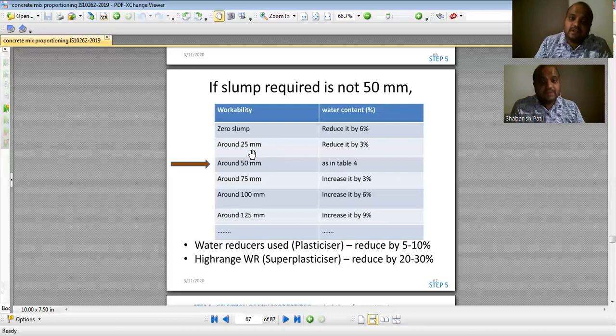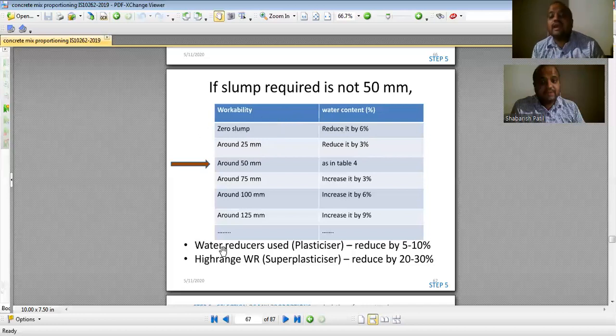Similarly, if I want less slump, what it says is, for every slump of less than 25 mm, I'm supposed to reduce the water content by 3%. So if I want a slump of 25 mm, I should reduce it by 3%. If I want a slump of 0, then I should reduce it by 6%. Okay, that's how we need to make these corrections.